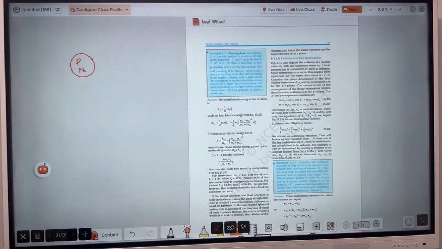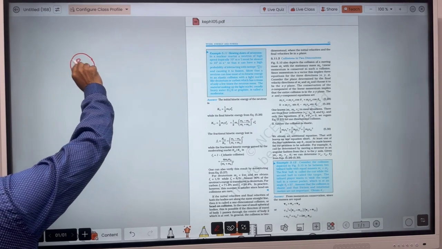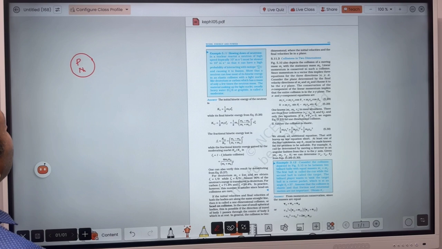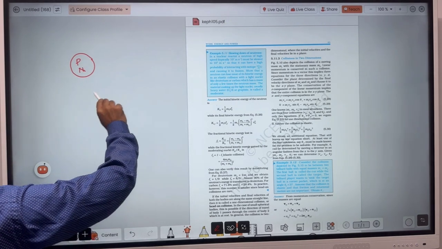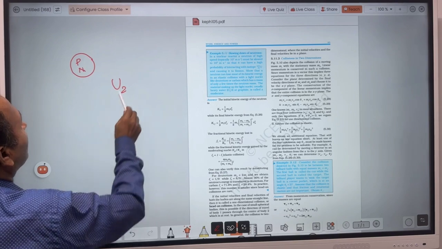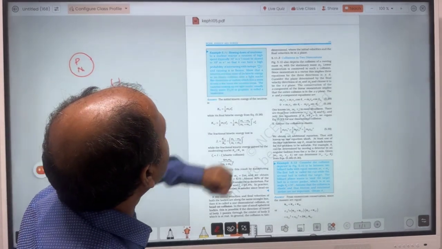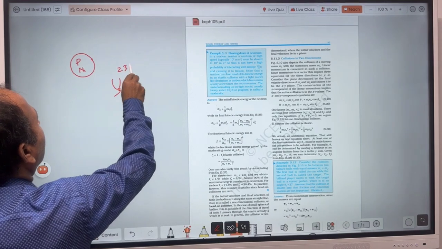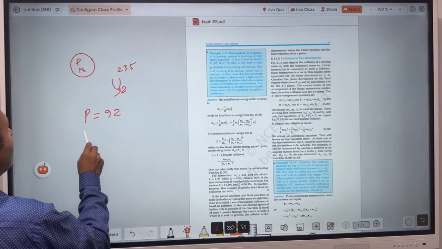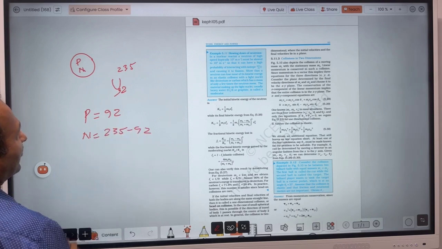A lot of protons will also be there on the basis of atomic number. Suppose you consider uranium, whose atomic number is 92. In our question it is given 92 and 235. So here protons are 92 and neutrons will be 235 minus 92, which is 143.